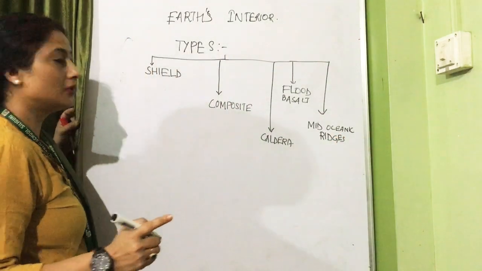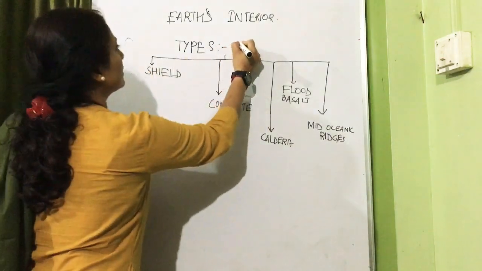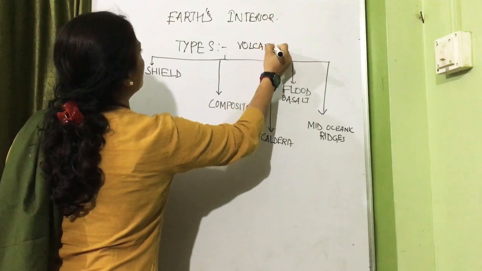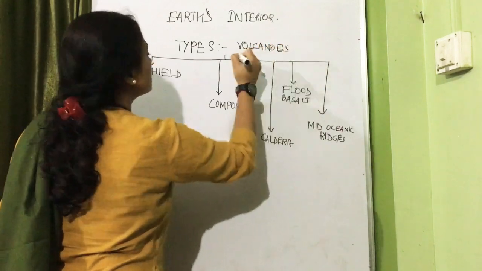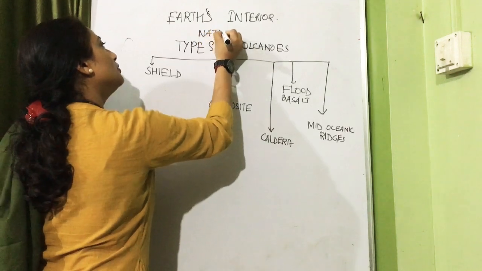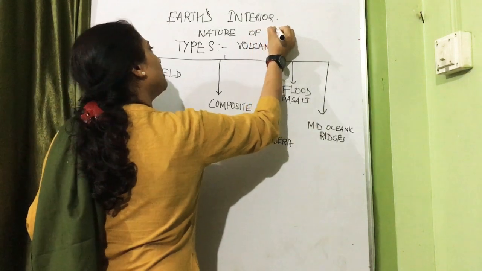So in this chapter, we need to know the different types of volcanoes, and this classification is based on the nature of eruption.